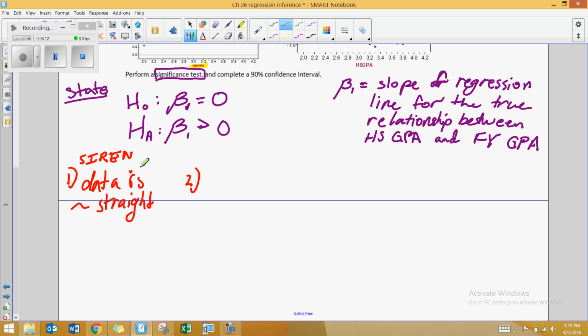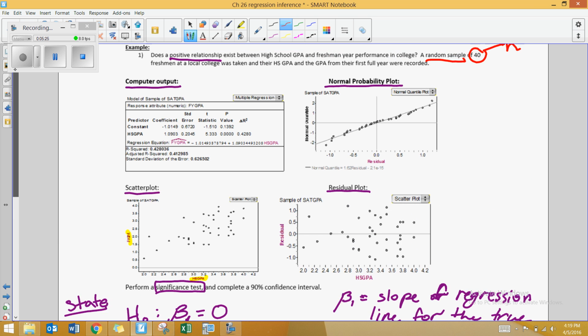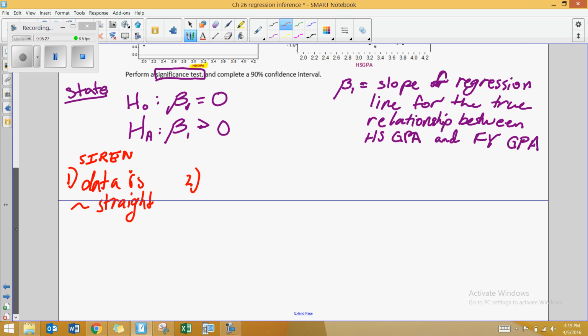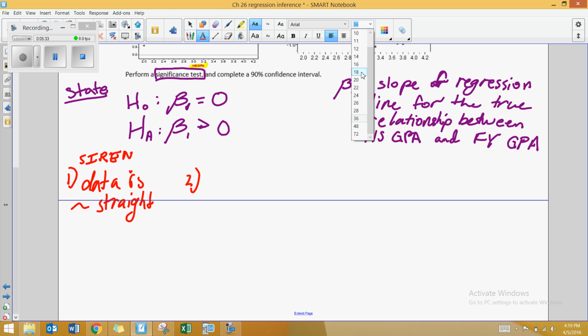Right? And condition 2, I want to know, are the samples independent? Well, the way that I show they're independent is by if they were randomly selected. That's one of the ways. And it just so happens that in this study, it was a random sample. So I'm just going to lump condition 2 and condition 3 together, and that's pretty typical of these problems.